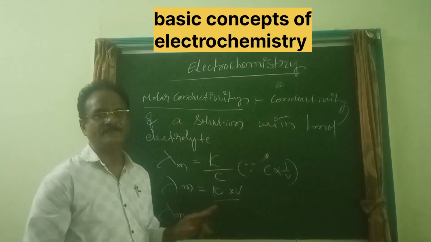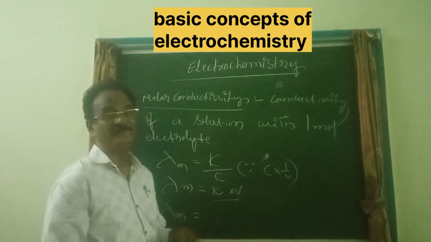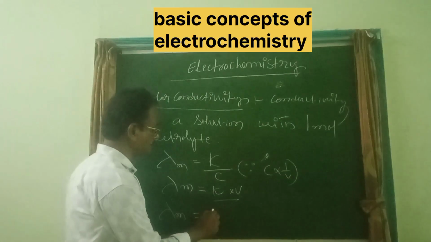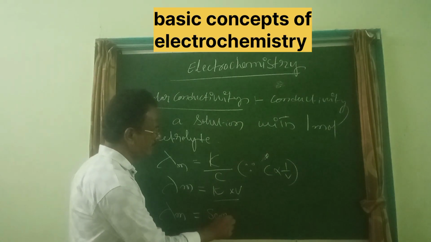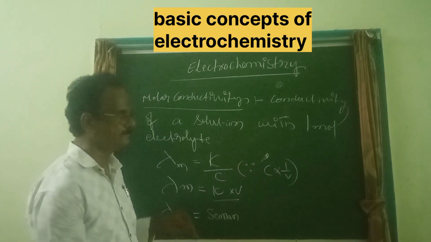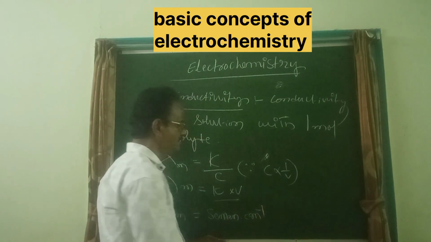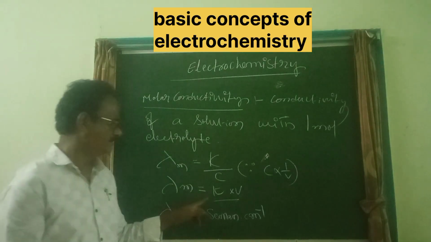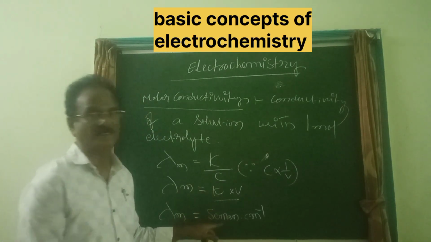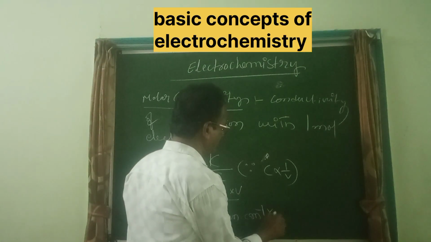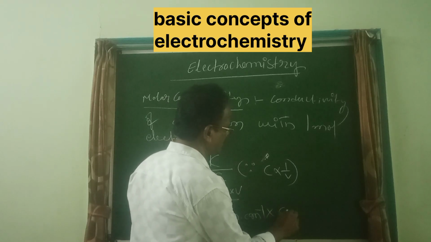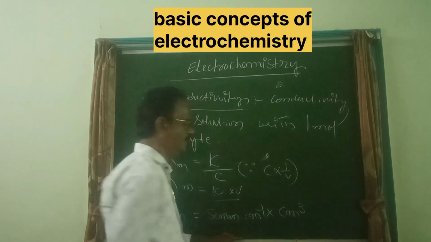When you consider the dimensions of molar conductivity, lambda m is equal to, we know the units for conductivity. Let us go to CGS, Siemens centimeter inverse. This is the CGS unit for conductivity or specific conductance. Volume can be represented as centimeter cube.